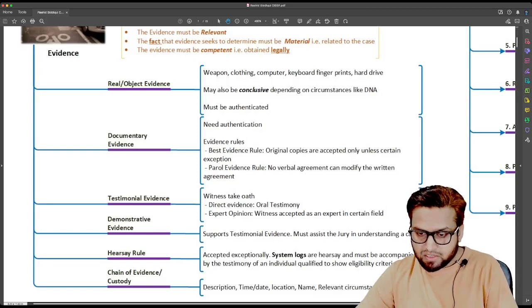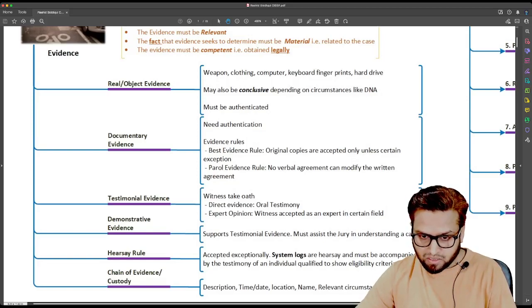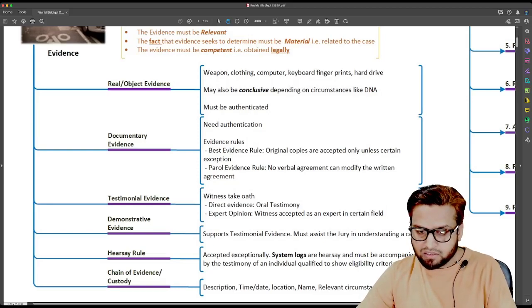Though we can't see DNA, a DNA report can be taken as real or object evidence, right? And it must be authenticated, like there should be some chain of custody, some authorization of that evidence by some law enforcement person, like police or CBI, FBI, whatever investigating agency actually approves that evidence.